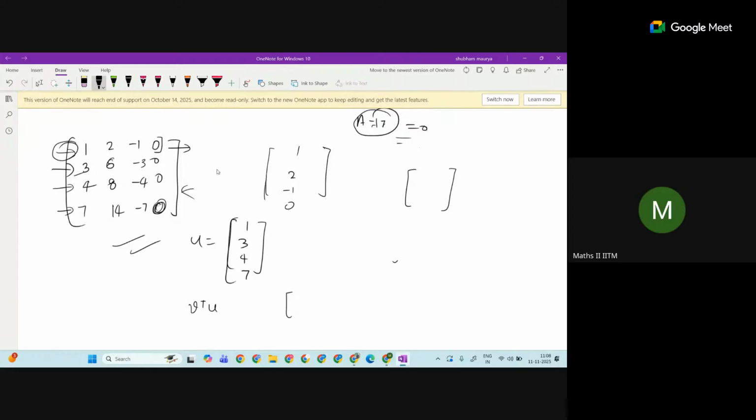So this is your V and this is your U. V transpose U gives 1, 2, minus 1, 0 with V being 1, 3, 4, 7. You multiply. What is the scalar you are getting here? 1 times 1 plus 2 times 3, 6, plus 1, 7.